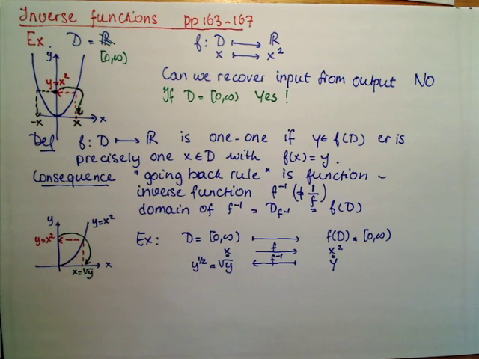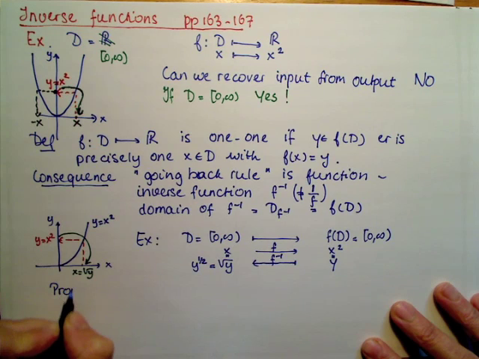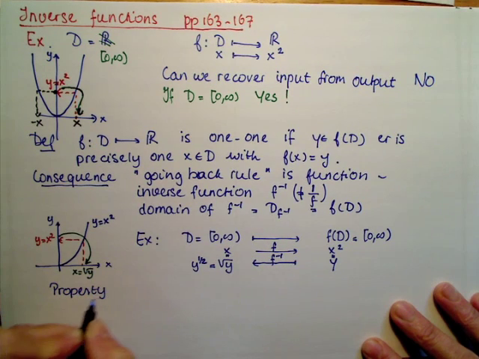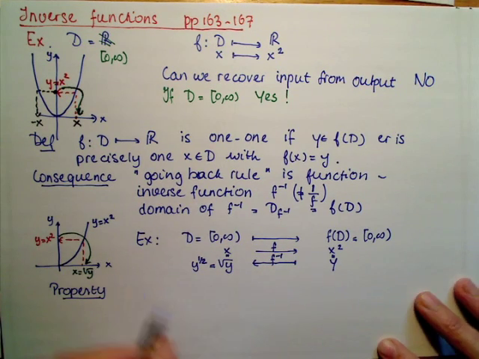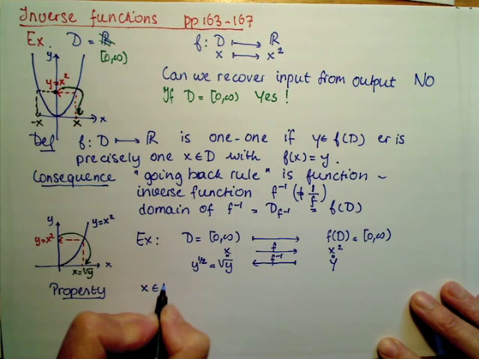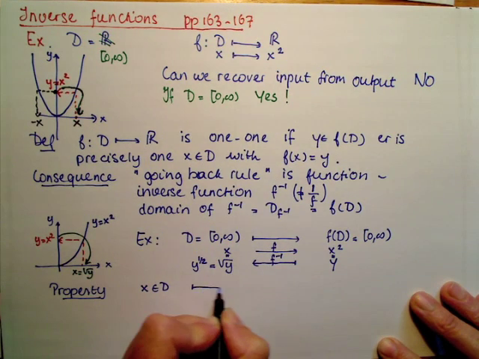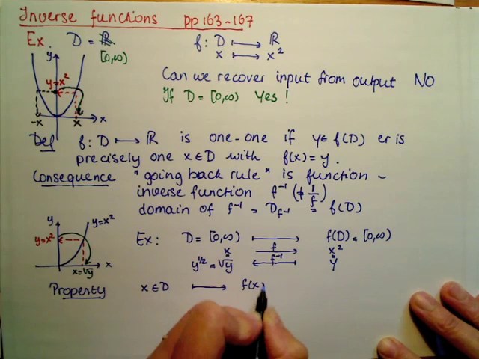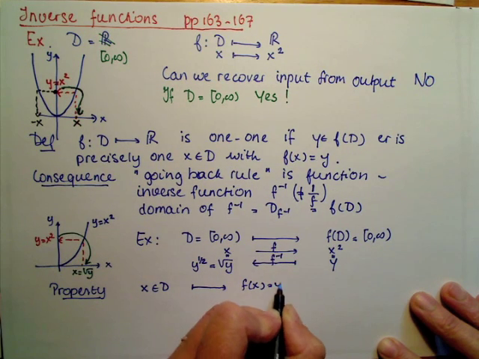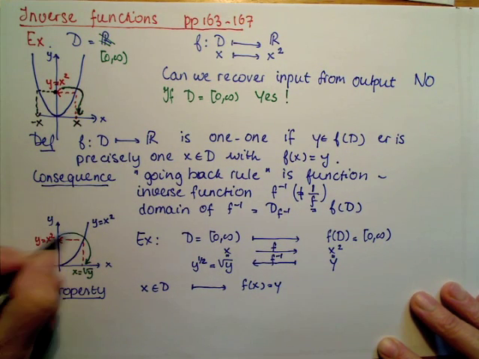Now there is quite some nice property attached, which you can easily see in a picture. Suppose that we start with our x in D and we apply the function f of x is equal to y. So we go one way.